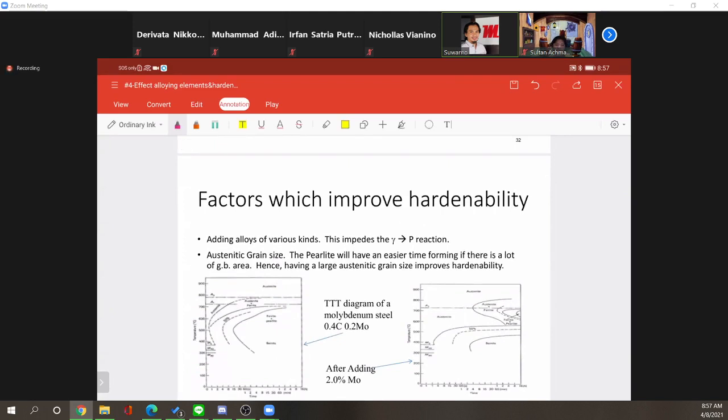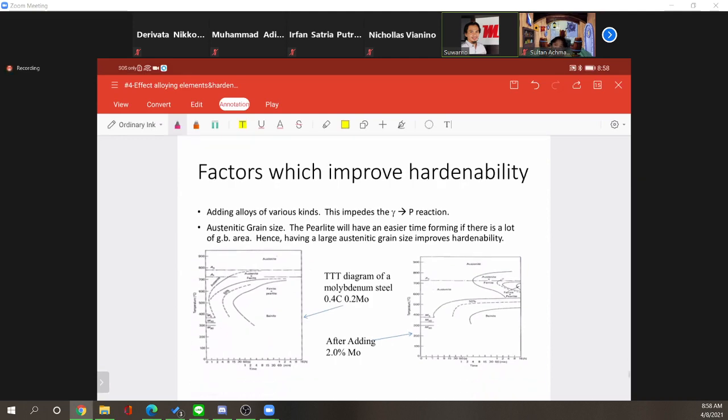This is a bit of a challenging situation. If you have a starting point with a similar alloy, this is basically to avoid the pearlite formation.